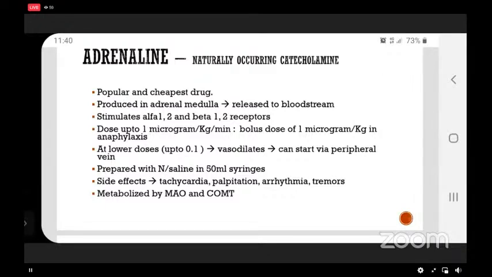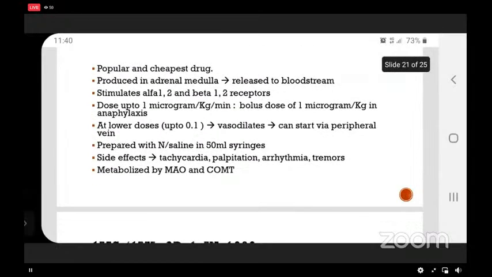So if you start at a lower dose, probably you can start this drug via peripheral vein, but definitely you have to have a central line or CVC line later on to continue the drug. It's again being prepared in normal saline in a 50 ml syringe. The side effects include tachycardia, palpitation, arrhythmias, and tremors.